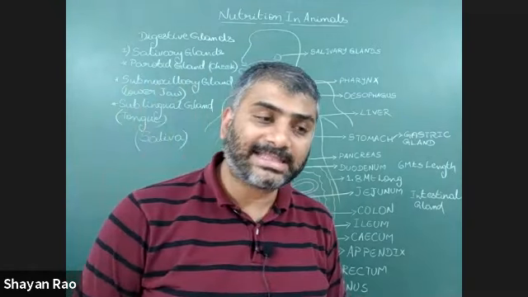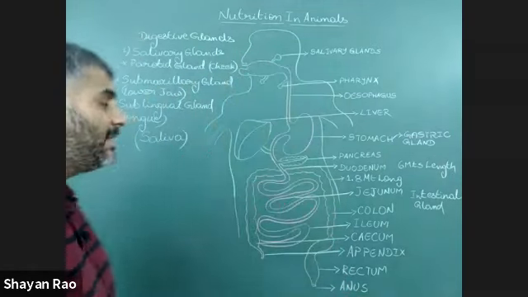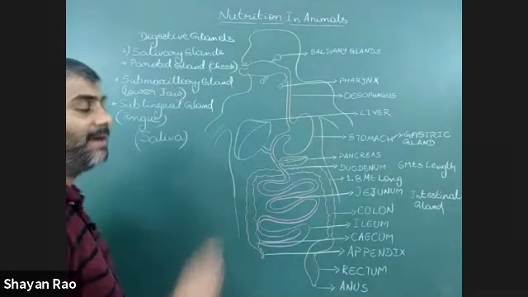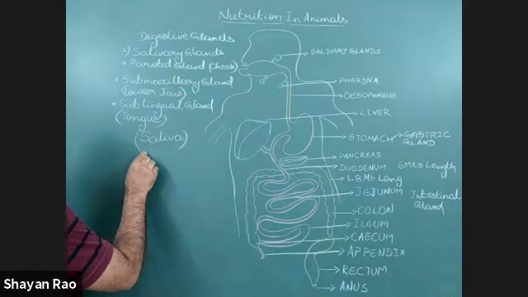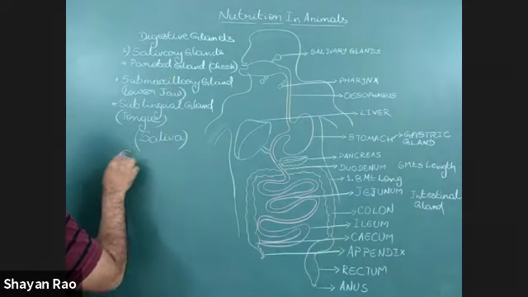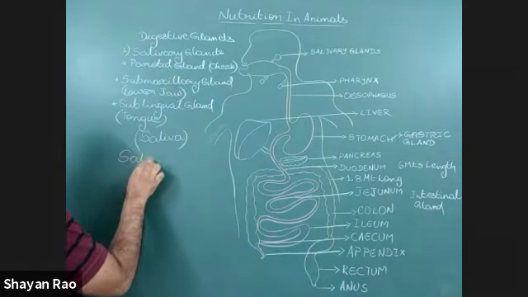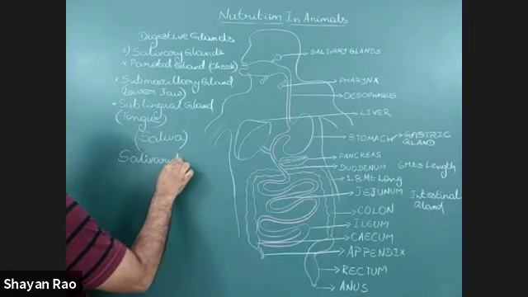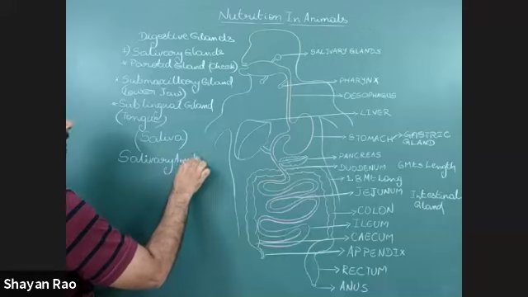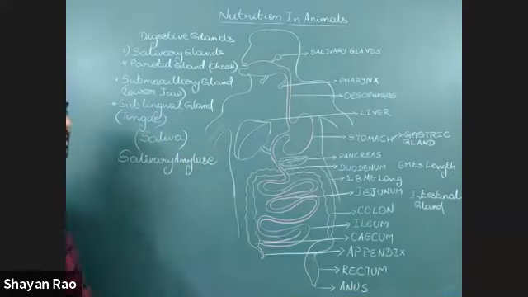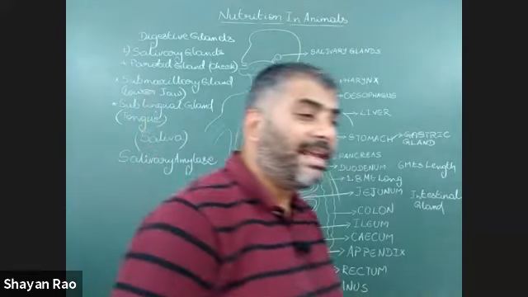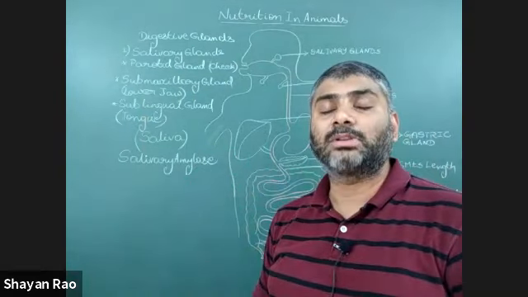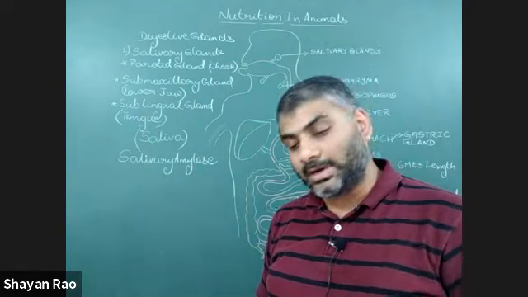Saliva is basically a secretion, and that secretion has one important enzyme in it, which is salivary amylase. Salivary amylase in some textbooks is also given as ptyalin, one and the same.